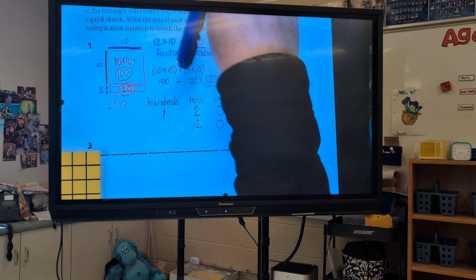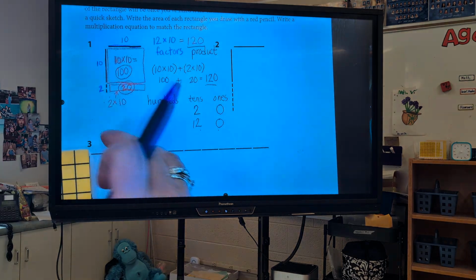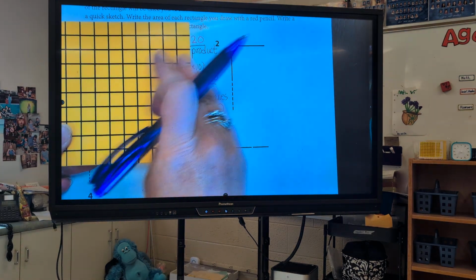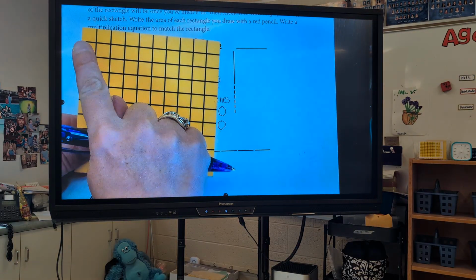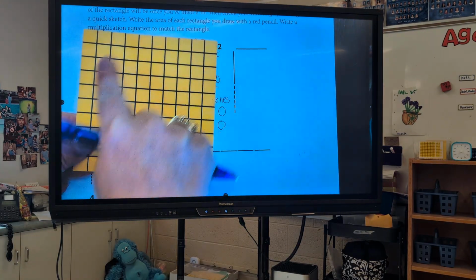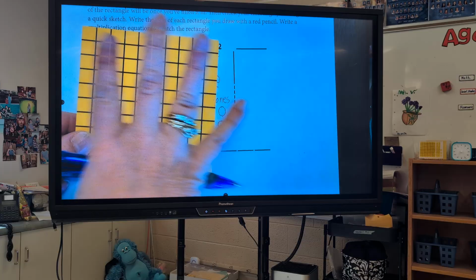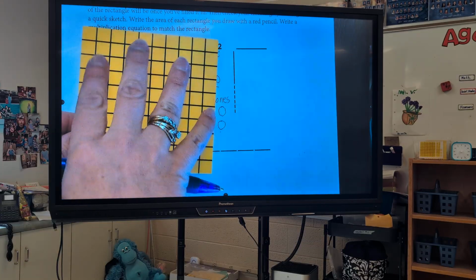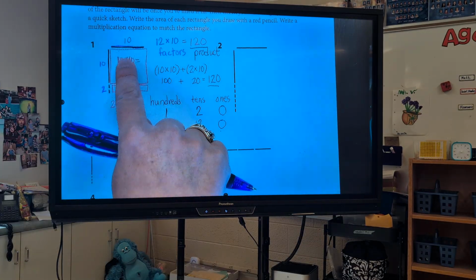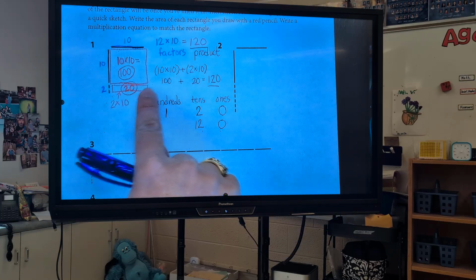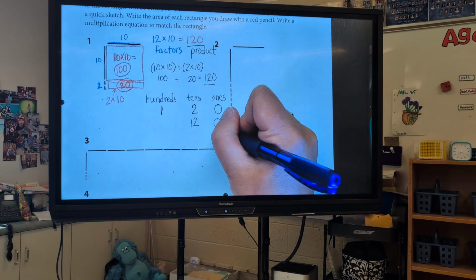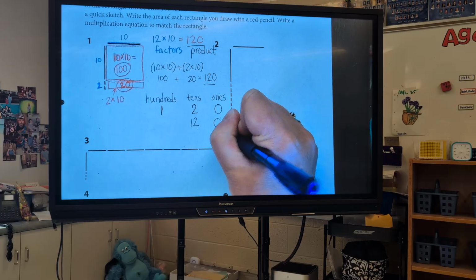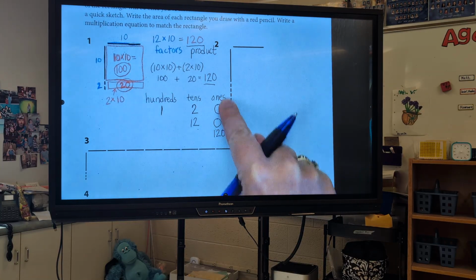And then the last way is if we were to think of all of this broken into individual little tiny units, which each stands for 1. So if I had all of these broken up, I would obviously have 100 squares. So if I have 100 squares in here, and then I have 20 squares in here, I have 120 units, or I could say 120 ones.